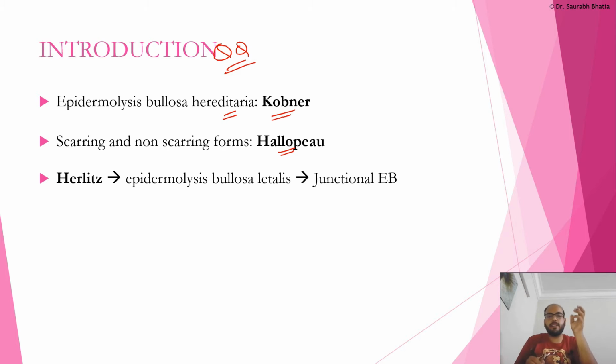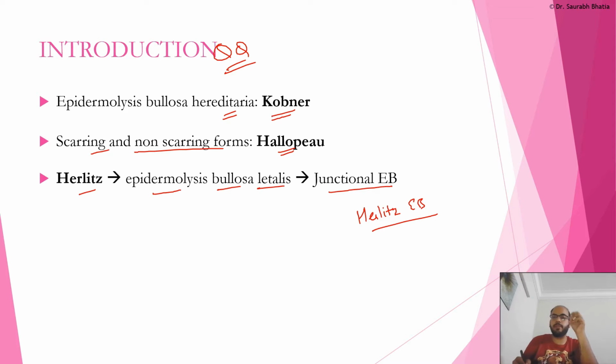Haxthausen classified them as scarring and non-scarring forms, and Herlitz was the first one to give epidermolysis bullosa letalis, okay, which we now know as junctional EB. In honor of Herlitz, we call it the Herlitz type of EB, or Herlitz junctional epidermolysis bullosa. Okay, and if we have a Herlitz type, we also have a non-Herlitz type, but we'll learn about them next week while we discuss junctional EB.